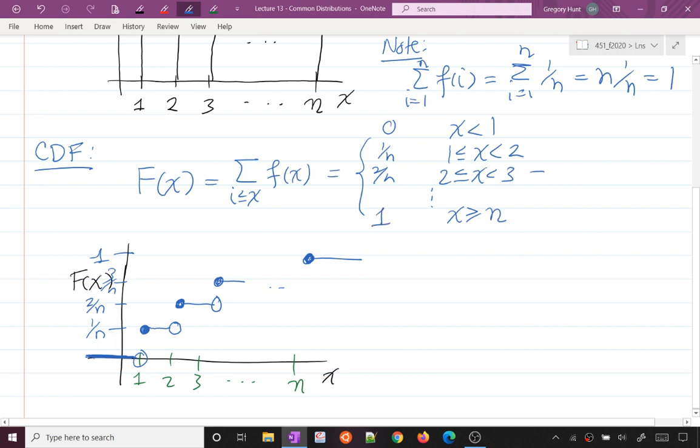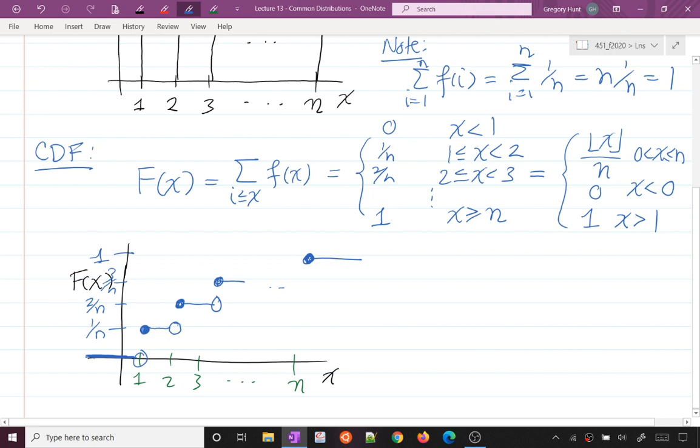A compact way of writing this is, well, let's write it this way. It is the floor function of x over n for, let's say, x between 0 and n, and it's 0 if x is less than 0 and 1 if x is bigger than n.